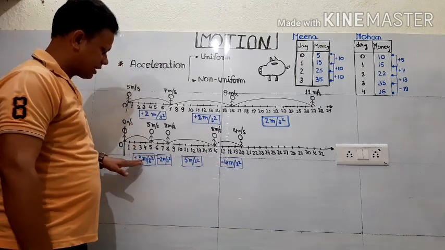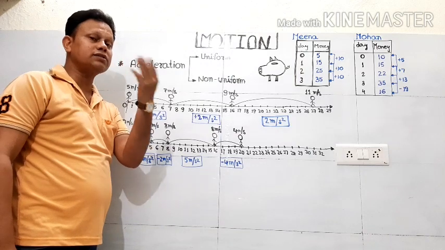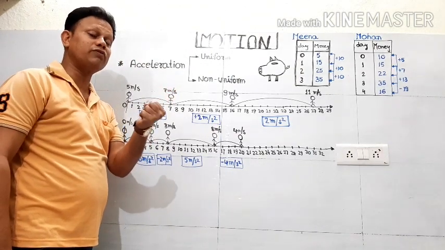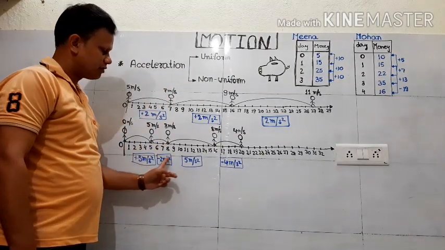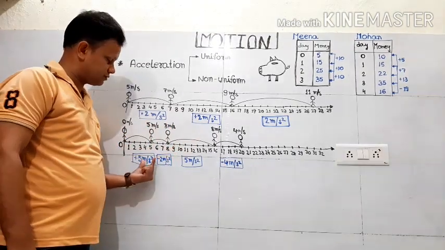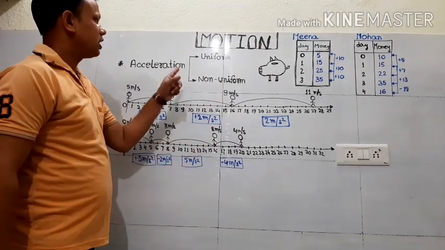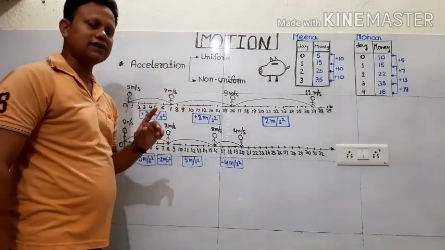So here you can see after each interval the change is there, but the rate at which the magnitude of velocity is changing is not fixed. So when the body moves with a variable rate of change of velocity, that is acceleration, then it is called a situation of non-uniform acceleration.